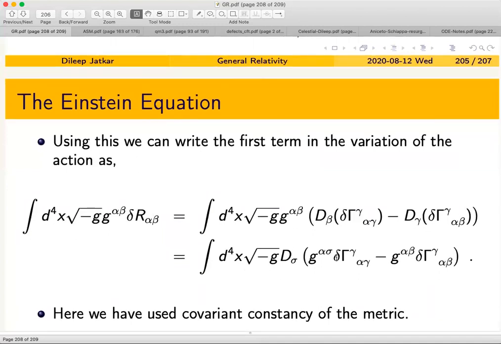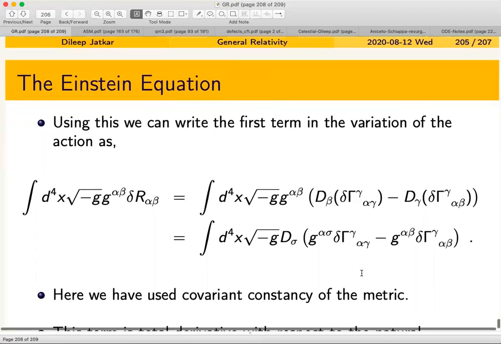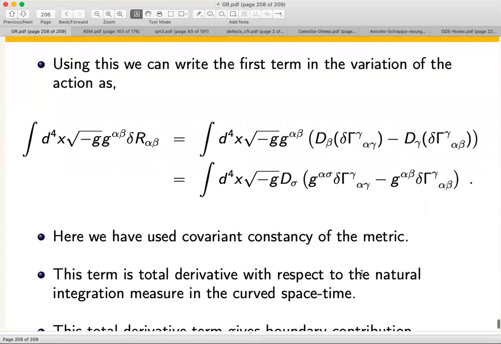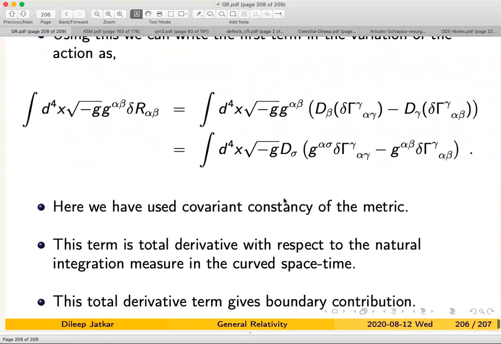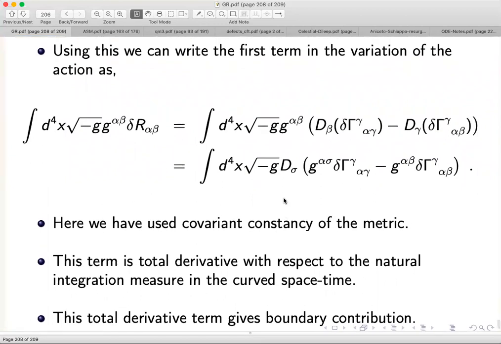Given that this entire expression is a total derivative, it has only a boundary contribution. It has no contribution anywhere else, because the integral of a total derivative only has a boundary contribution. So this expression does not contribute to the equation of motion.